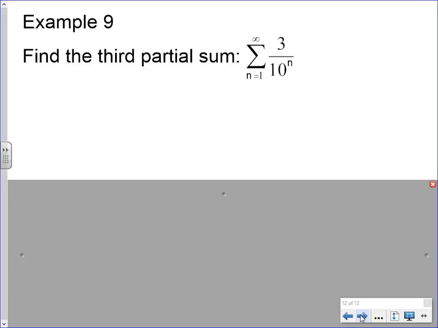Go ahead and write this down. Third partial sum means we're going to add up which terms?